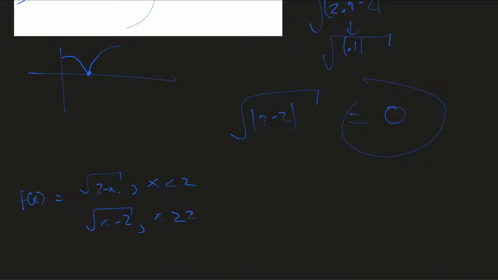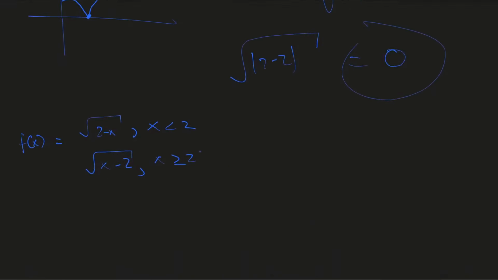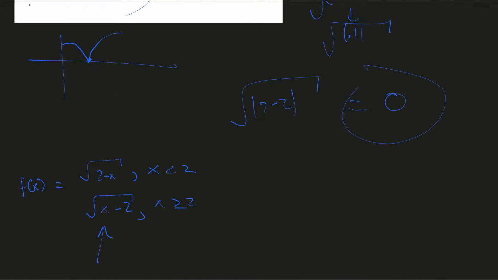The reason is that if it's greater than or equal to 2, we can just plug it into the original x minus 2. But if it's less than 2, we're going to have to take the negative of this. So this is basically just saying the square root of the negative of x minus 2. That's all I did. I just negated this. So we still plug in the values that are less than 2, we just have to negate this. The negated version would read 2 minus x.